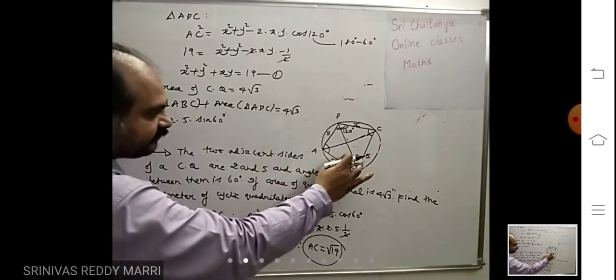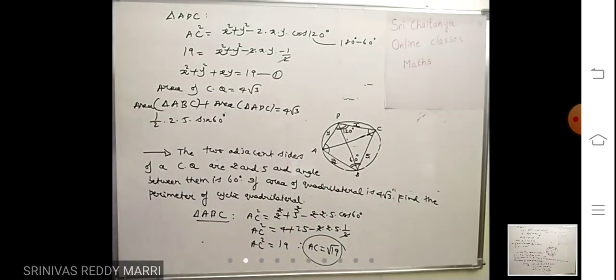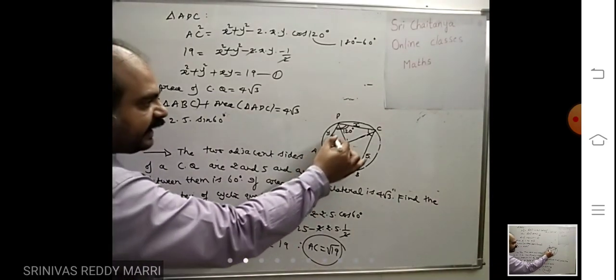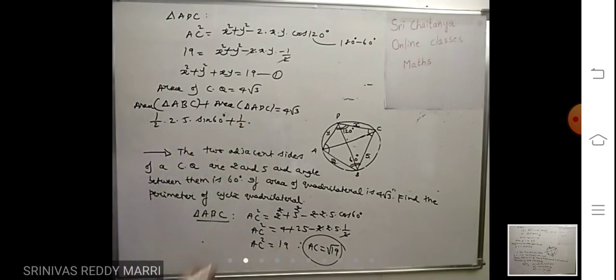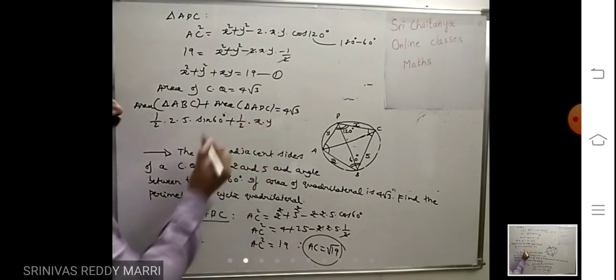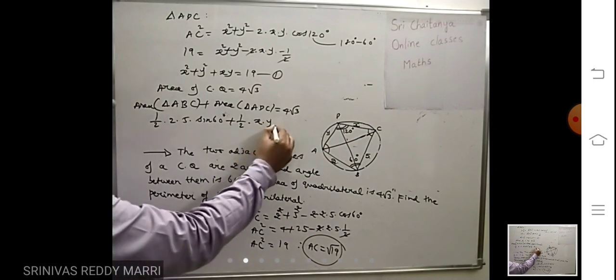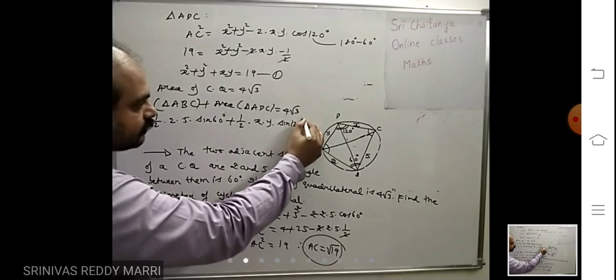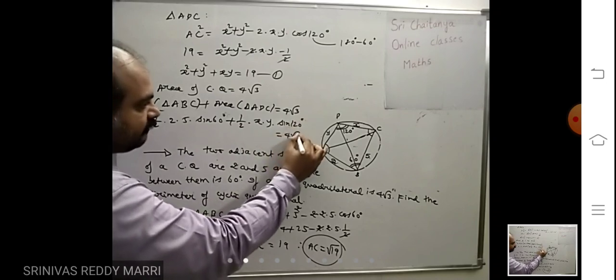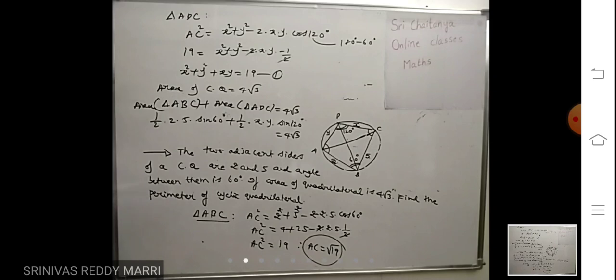So this is the area of the triangle, half into 2 into 5 into sine 60. Now the area of triangle ADC is half into x into y into sine 120, which is 4 root 3 in total.